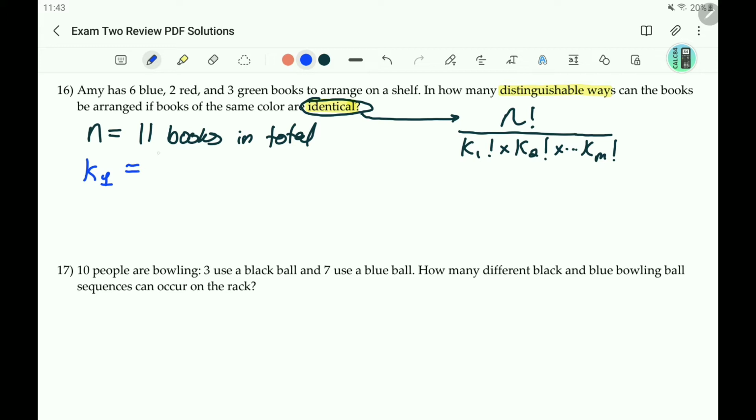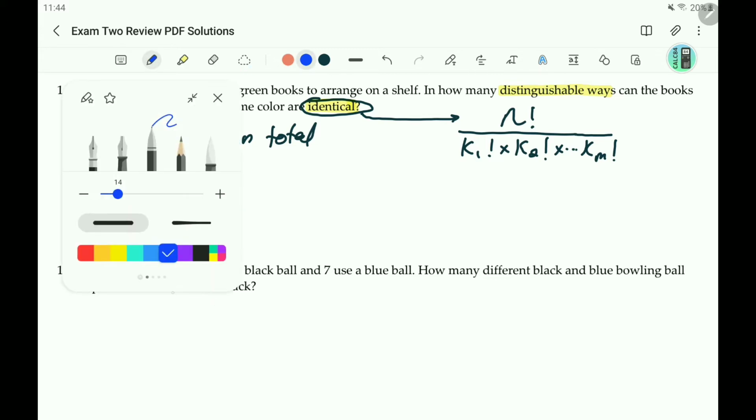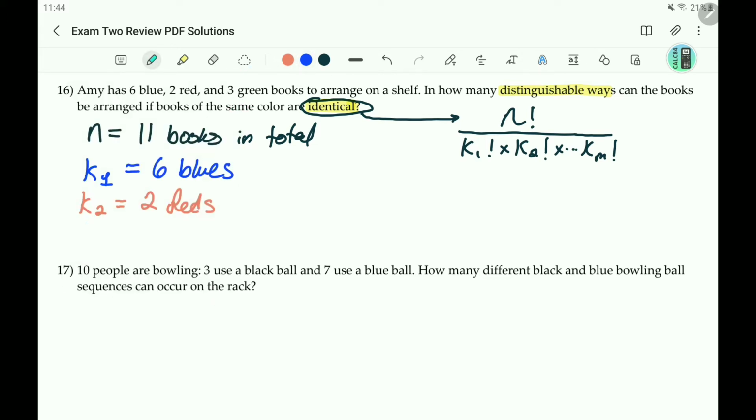How many blue books do we have? We have 6 blue books. K2 is going to be the red books. How many red books do we have? We have 2 red books. And then K3 is going to be the green books. We have 3 green books.